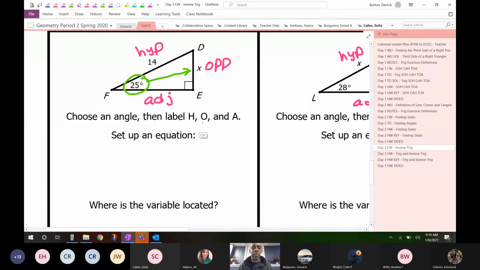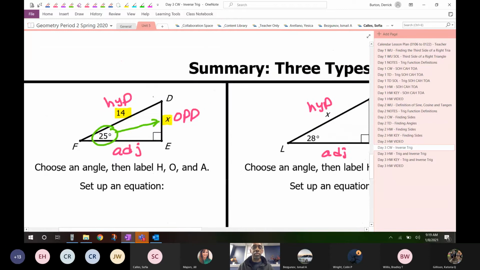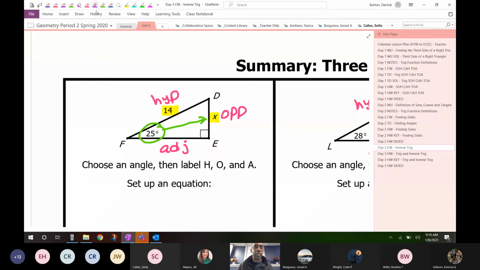So let's set up an equation. Because we're looking at the 14 and the x, that's opposite and hypotenuse. I should write down SOHCAHTOA, shouldn't I? SOHCAHTOA.